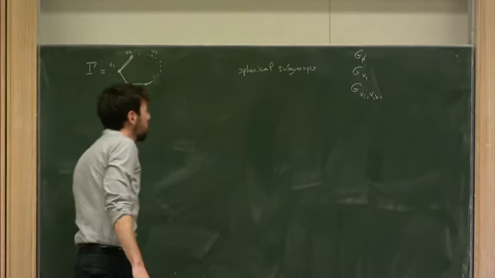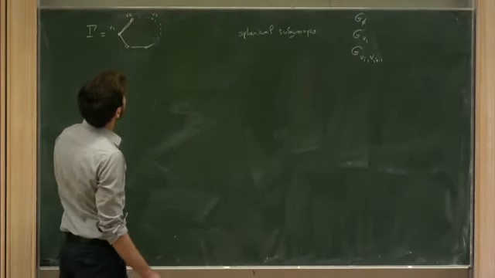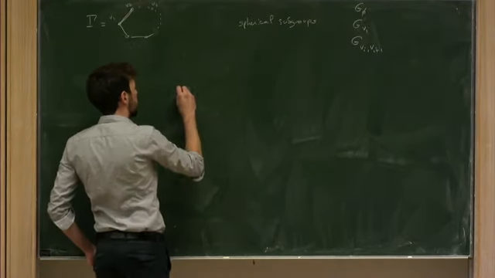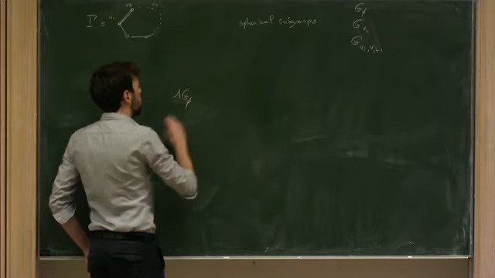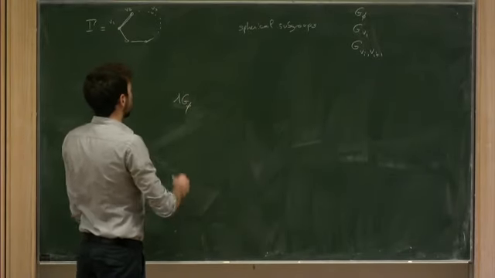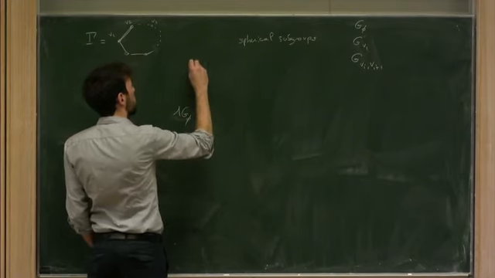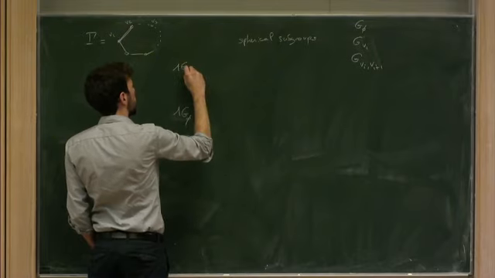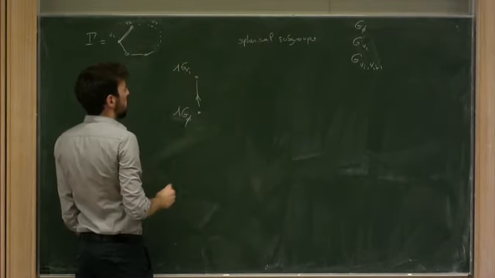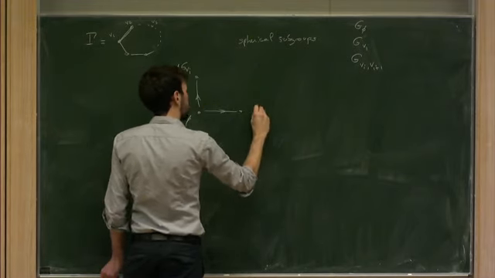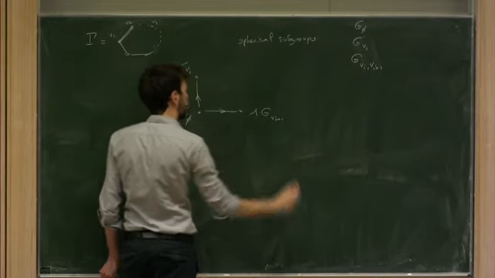So what do I get? For instance, the coset 1 times the trivial subgroup is going to be linked by an edge to 1 times G_{v_i}. Here I'm going to get 1 times G_{v_{i+1}}.